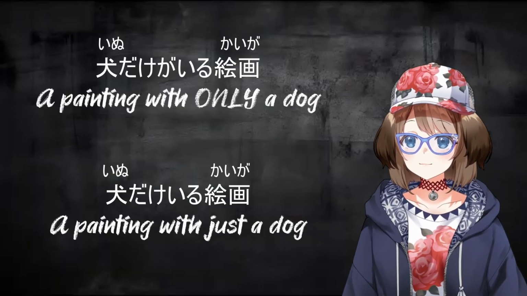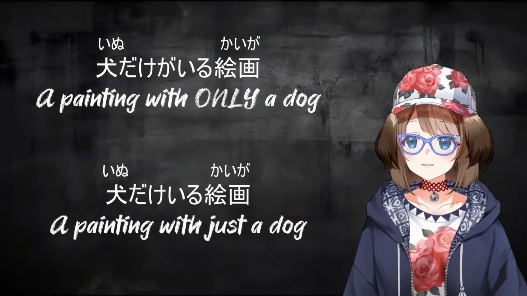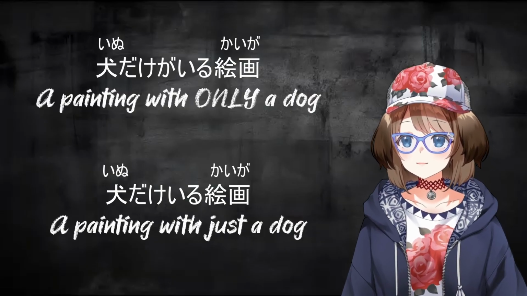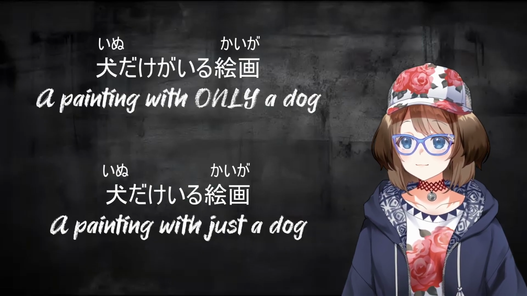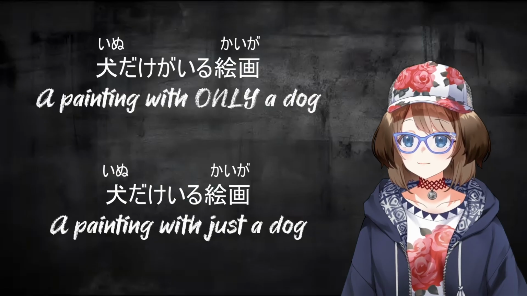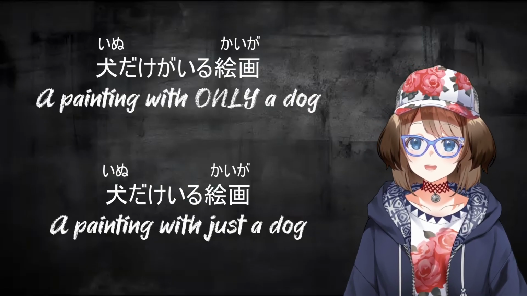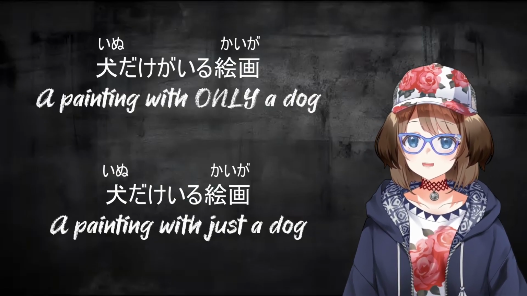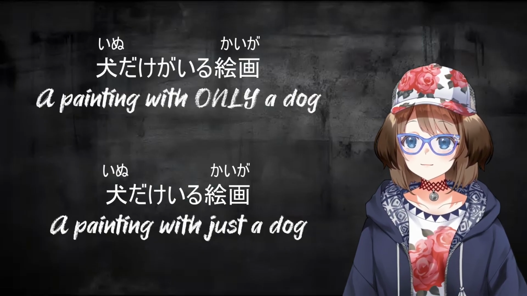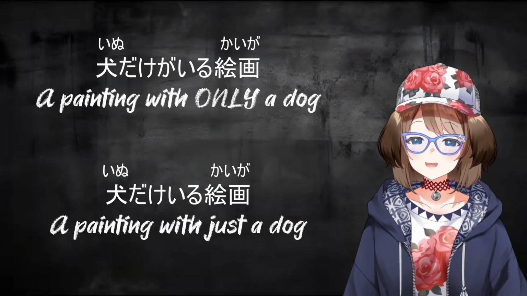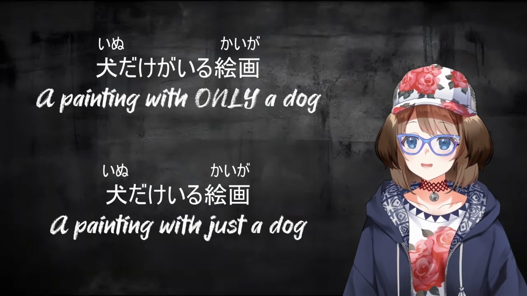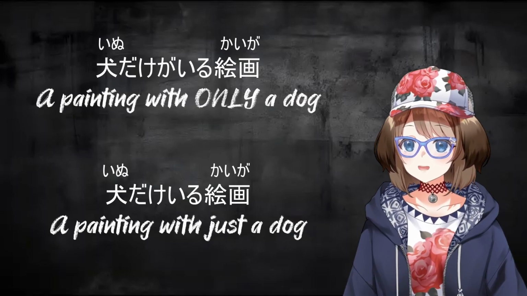The nuance between these two sentences is that the second sentence feels way more casual. However, the first sentence, which includes both dake and the particle ga, increases the emphasis on the only aspect of the sentence, right?